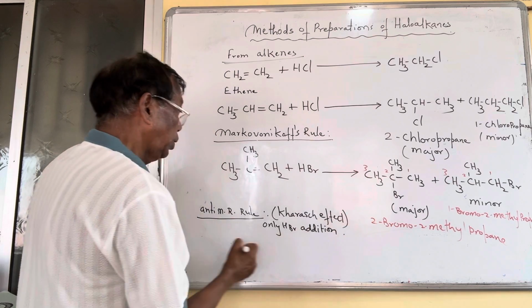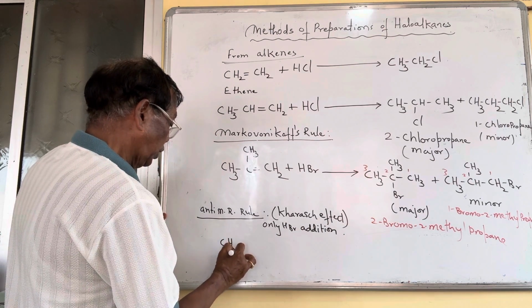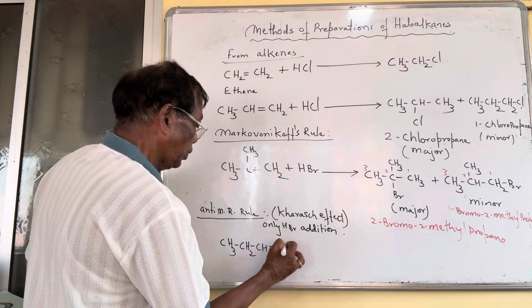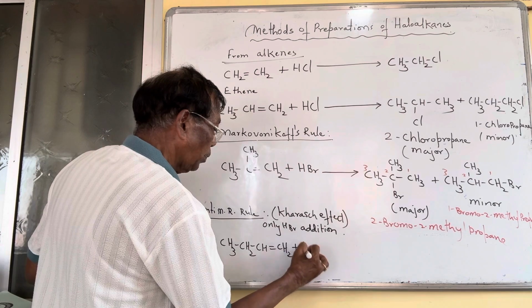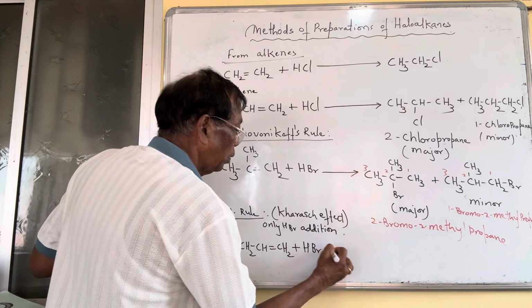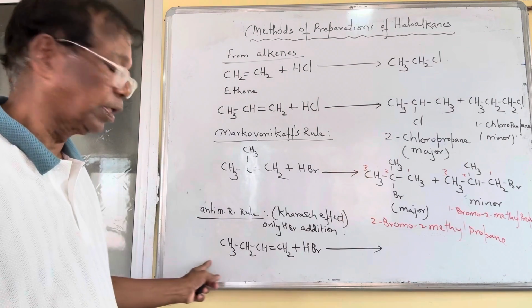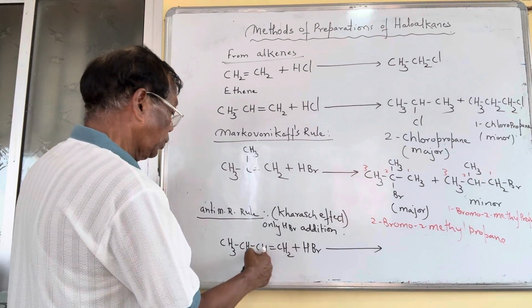Suppose I have taken a compound like this, CH3, CH2, CH, double bond, CH2. Remember, the Markovnikov rule is applicable when it is an unsymmetric alkene. Here also it is an unsymmetric alkene. This is 1, 2, 3, 4.